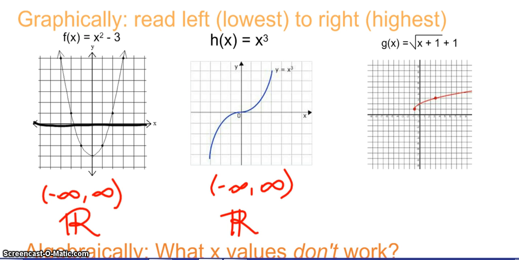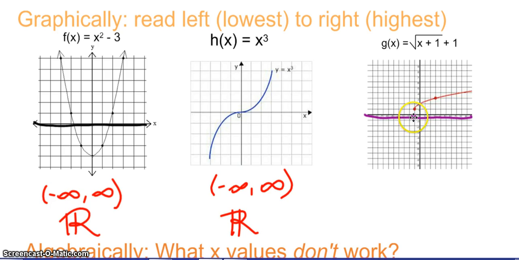This is where it gets a little bit more interesting. If you read from left to right, if I were to pick a big negative number and plug it into my function, I don't get any points back on my graph. It's not until I get to this x value right here, which is -1, that I actually get something back on my graph.